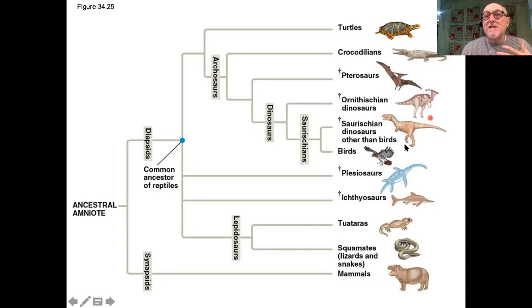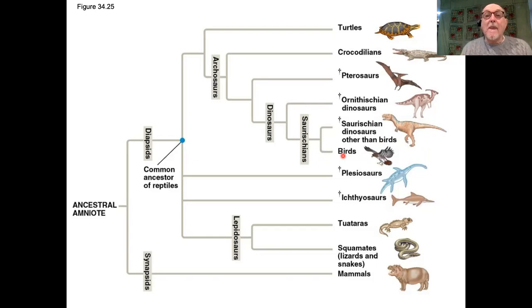But once the major dinosaurs were removed by the mass extinction, these smaller dinosaur groups survived. And what they evolved into, we see today as the birds. The birds are, in fact, we believe, very closely related to the Saurischian dinosaurs.